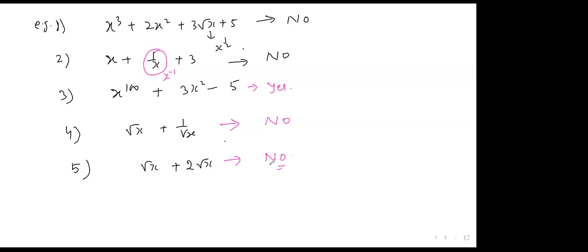Like the definition of a polynomial? You can just say if the powers of variables are whole numbers, then we can call them polynomials. Otherwise, they are not polynomials. As simple as that. As long as the powers of the variables are whole numbers, it is a polynomial.